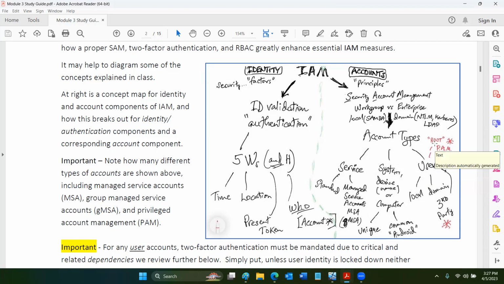Does anyone remember what PAM stands for? Yeah, privileged account management. That's right. Oh yeah, it's right here.